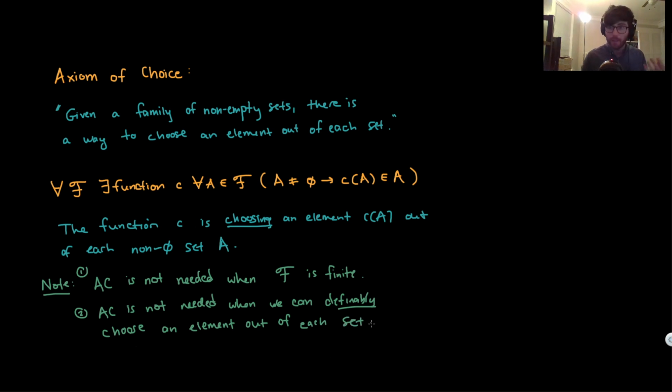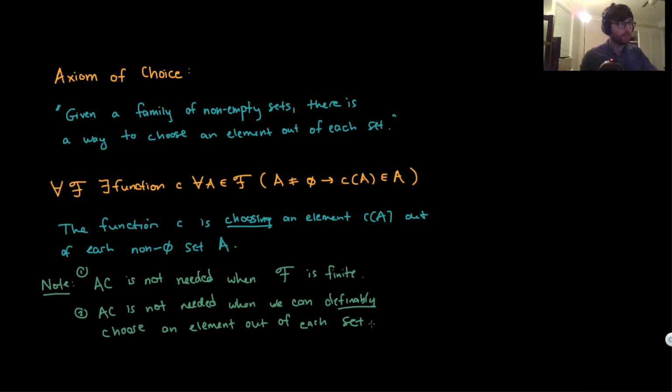Well, why is AC not used? We don't need an axiom to assert the existence of a function when we could just write down the definition of what that function would be. The existence of the function is going to be used when we don't know how to define the elements out of each of those sets, or distinguish between the elements in those sets.